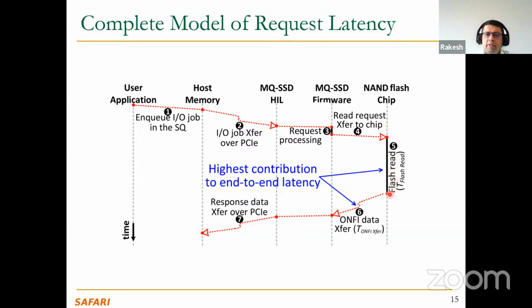A command has to be sent to get the data out of the NAND flash chip to the SSD controller, and this is the data transfer shown in step 6. Then from the SSD firmware, the data has to move back to the host through PCIe data transfer. So let's see how much latency is added when the data moves across each layer.